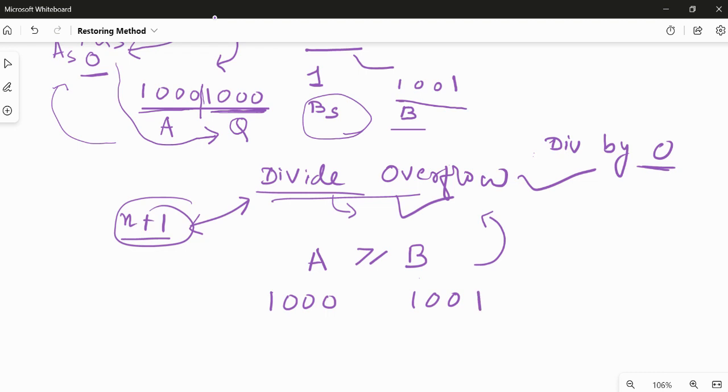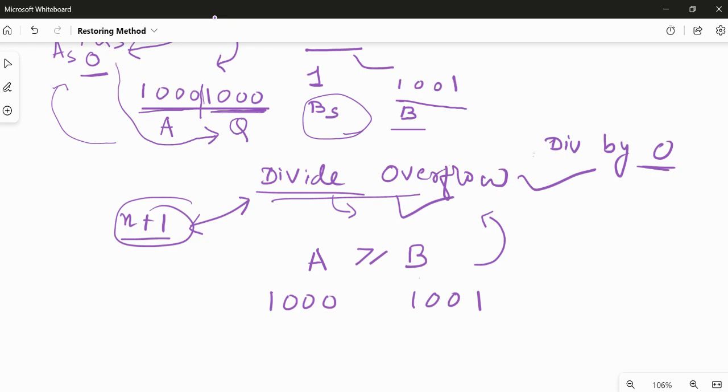Note that we don't have to do anything with the sign bits. They are stored separately in flip-flops, and they will be used only in the end to determine the sign of the final answer. So right now, whatever logic is required for computation will be performed only on the magnitude parts. So this is A and this is B.